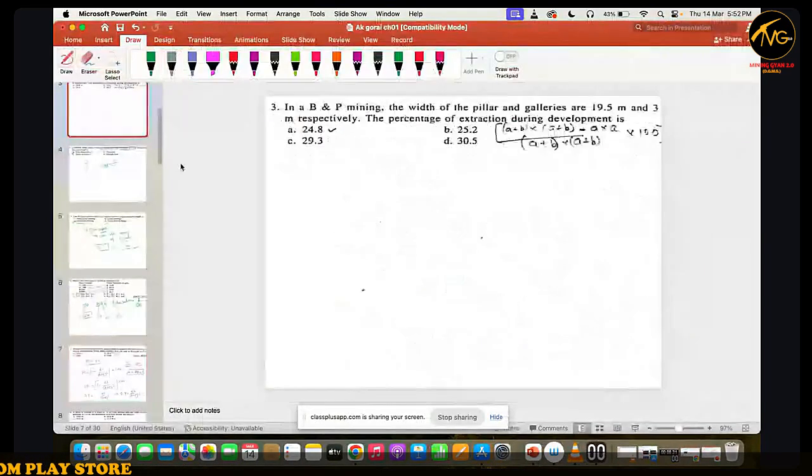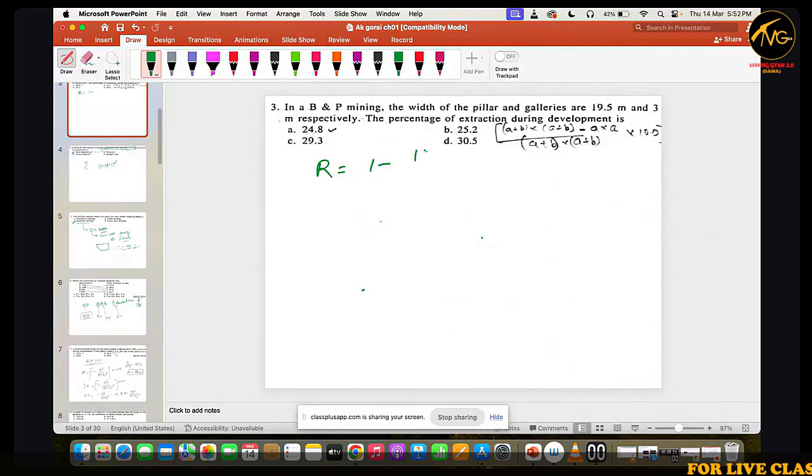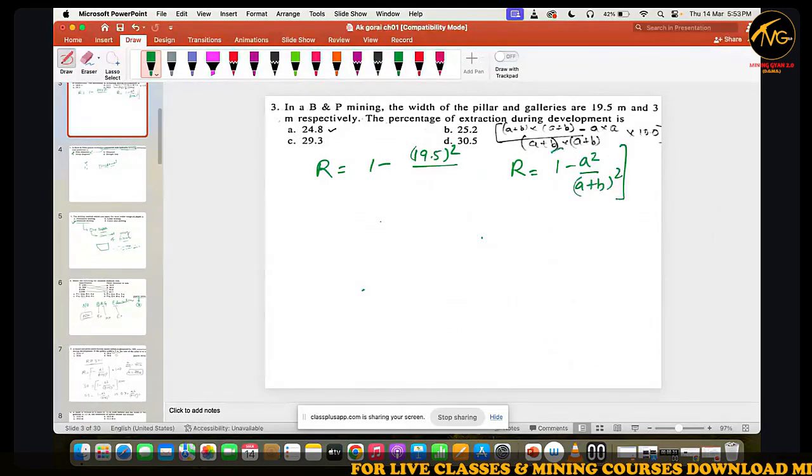Third question I will discuss again, okay, in detail. Then I will leave the class. We have only 5 minutes. So R equals 1 minus, we have discussed 9.5 square by, this is the formula: R equal to 1 minus a square by (a plus b) whole square into 100.